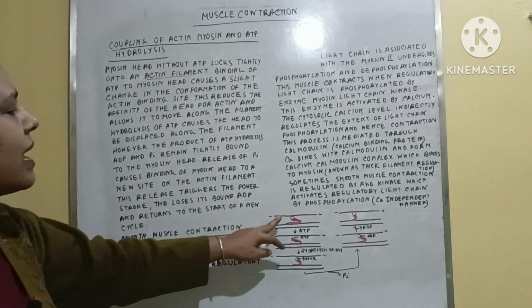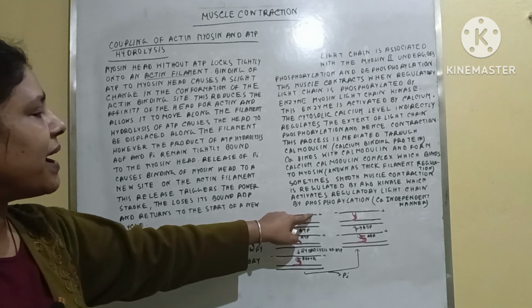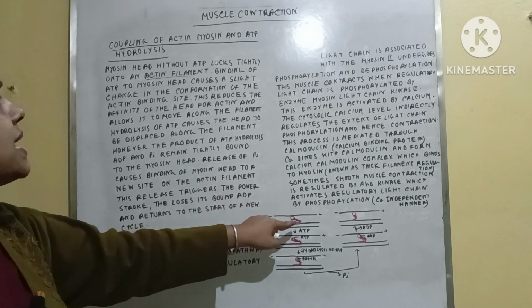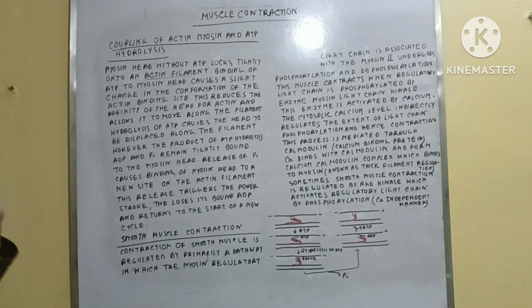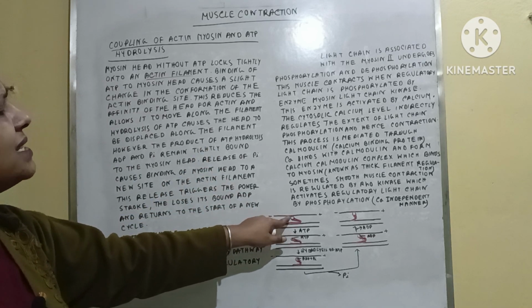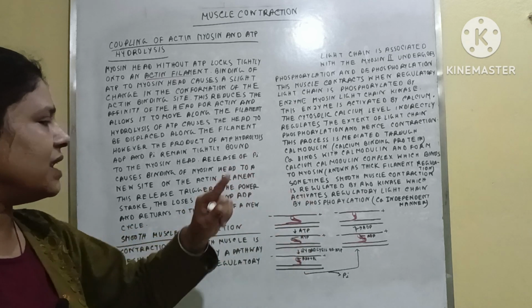Clear? So the myosin head is tightly bound with this actin filament when there is no ATP. Without ATP, it remains bound with this actin filament.